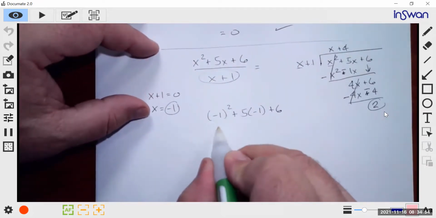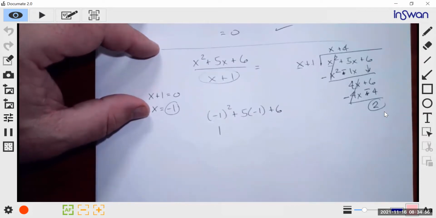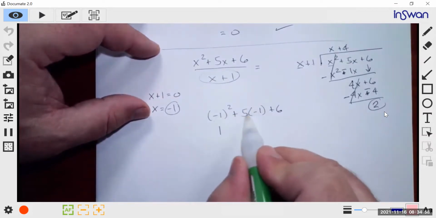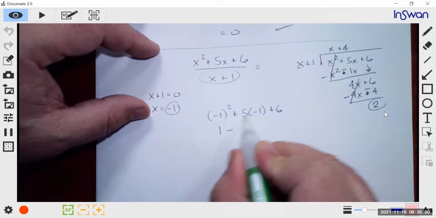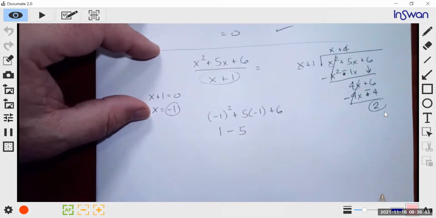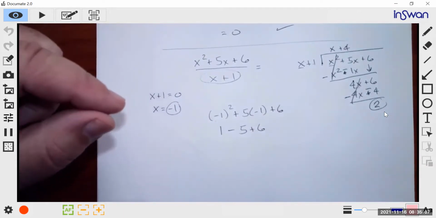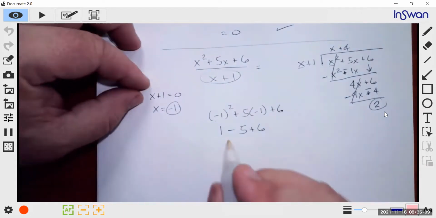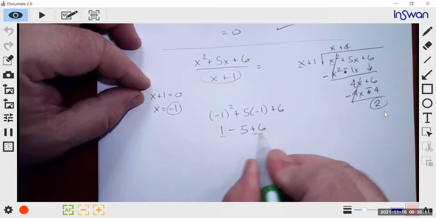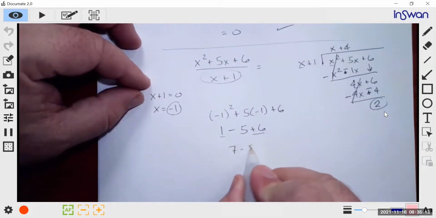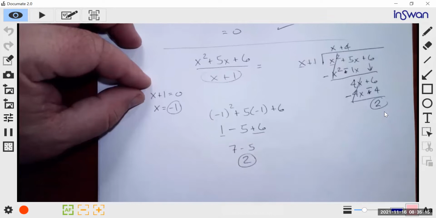Negative 1 squared is 1. Positive times negative is negative. 5 times 1 is 5. And positive 6. 1 plus 6 is 7. Minus 5 is 2.